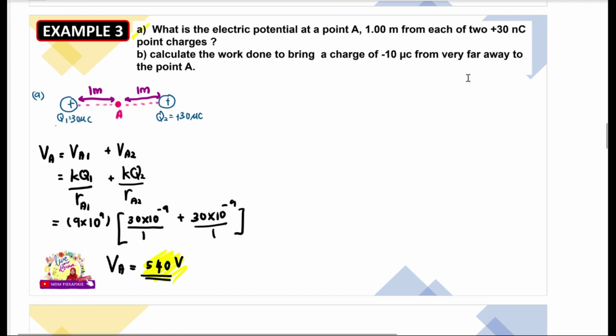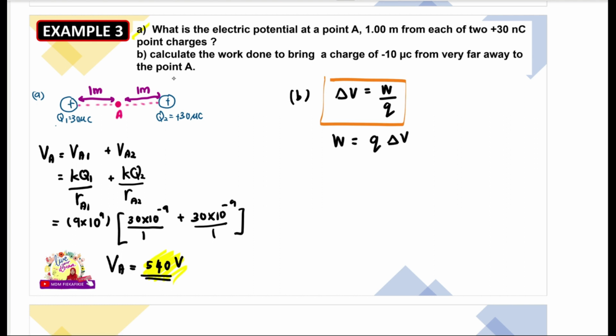B, calculate the work done to bring a test charge negative 10 microcoulomb from very far away to the point A. Sama macam soalan tadi lah. Kita dah buat tadi kan sebelum ni. Sama macam soalan nombor 2 tadi tak silap. Okay. So based on this equation, W over Q, so we can write W is equal to Q delta V. Delta V tu the potential difference, kita nak bawa daripada mana ke mana, kan?